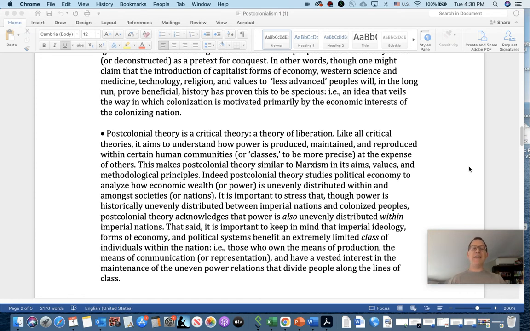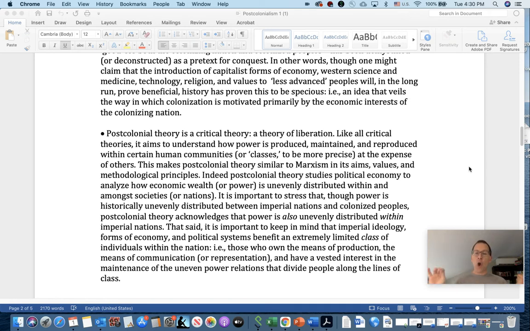So one can say that the working class in Britain or England helped to support the projects of colonialism and imperialism in rather decisive and critical ways. So that said, it is important to keep in mind that imperial ideology, forms of economy, and political systems benefit an extremely limited class of individuals within the nation.